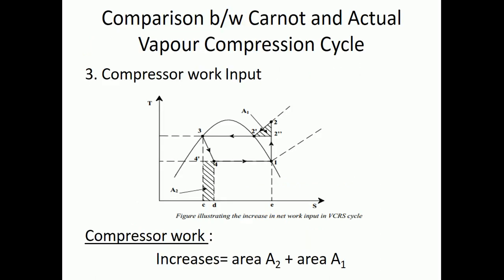Another point is the compressor work input. I explained it in the second bullet earlier, but what can I say, in the actual compressor we have increased work. On the Carnot cycle we have two compressors: there is an intermediate pressure line for 1 to 2 dash, and then we have isothermal compression from 2 double dash to 2 dash, which is the ideal case.